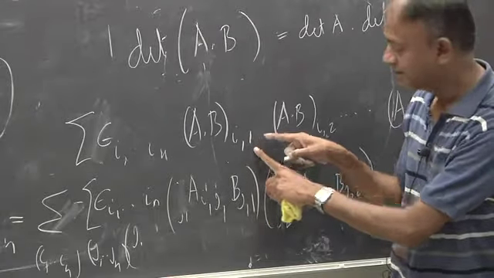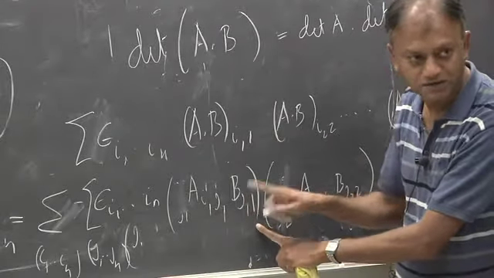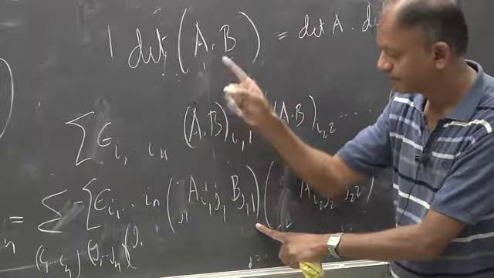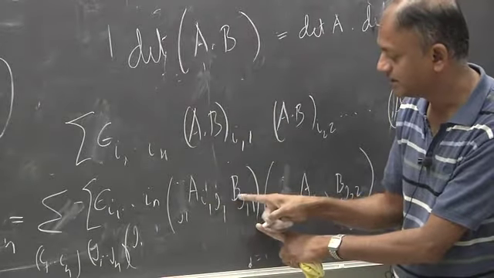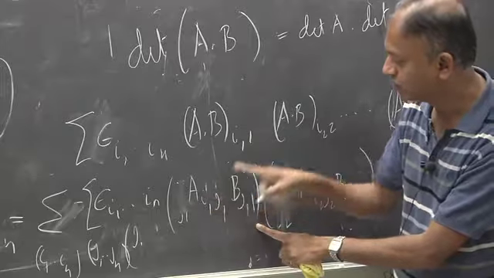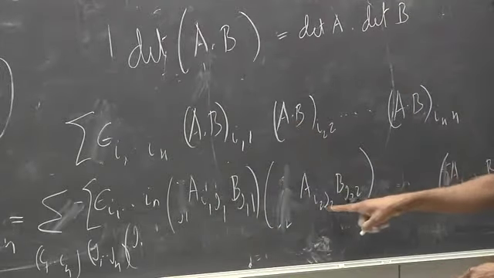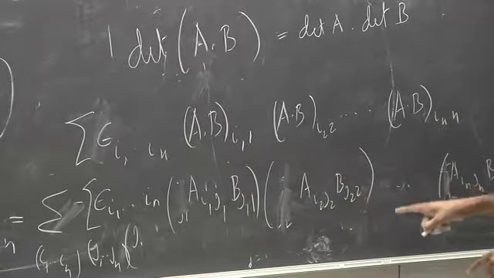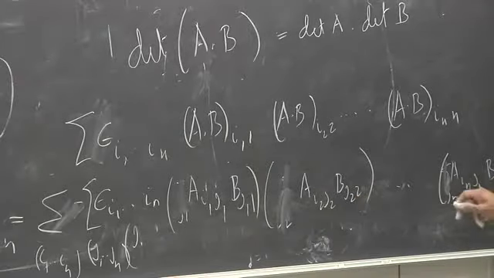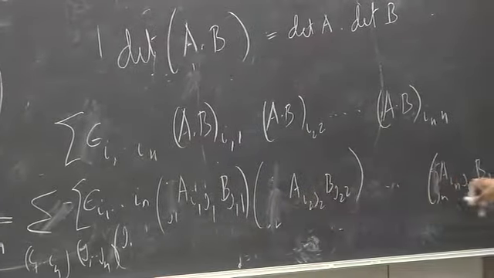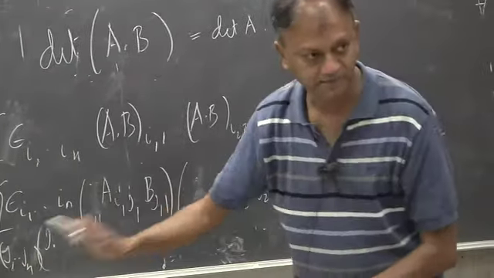That is by definition A I1 J1, B J1 1. I1 is the row, 1 is the column. I just use the matrix multiplication rule. And similarly this guy, A I2 J2, B J2 2, up to A In Jn, B Jn n. All these J's are summed over, so I put them out here.